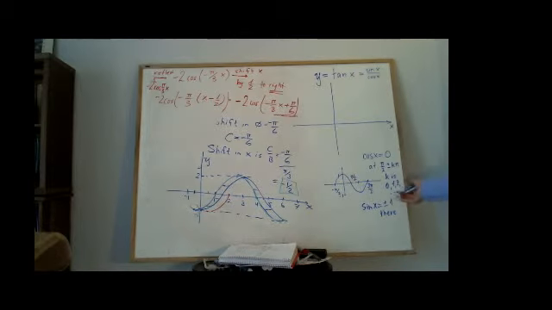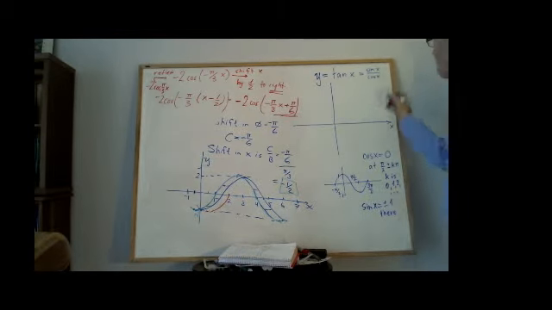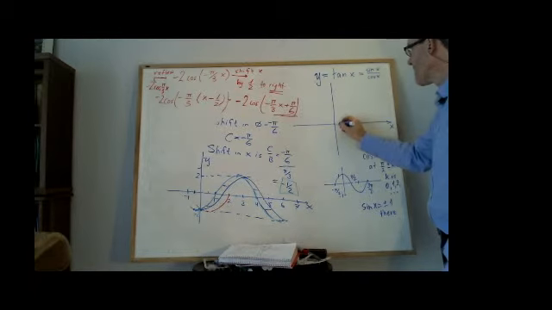Then 1 divided by 0 will go off to infinity. Okay, so let's think of some values here. When x equals 0, then cosine of x is 1, and we have 0 over 1, which is well defined, it's just 0. So we start off at 0 when x equals 0.